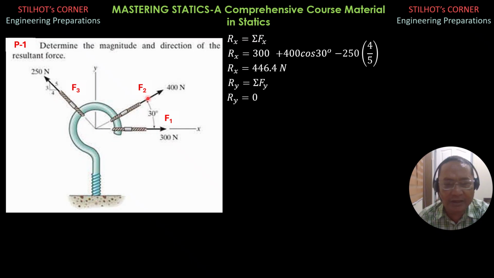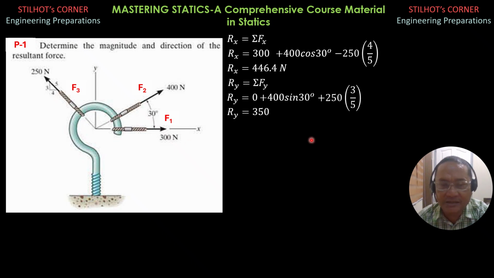The y component of F2 is upward, so it's positive. 400 sine of 30. And for 250, it is also positive because it is upward. 250 times sine of this angle here, which is 3 over 5. So plus 250 times 3 over 5. Combining, Ry is equal to 350 newtons.